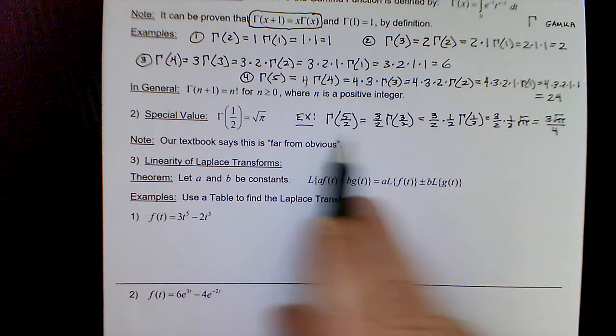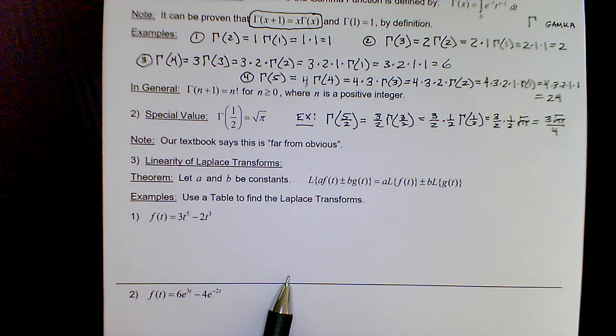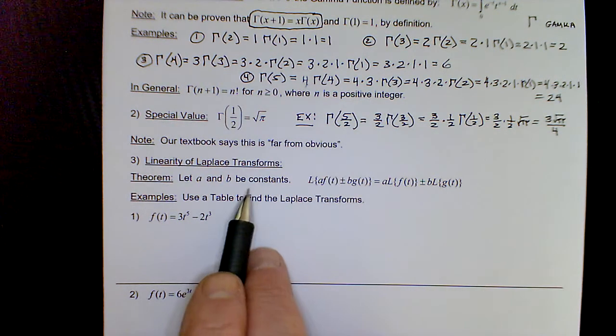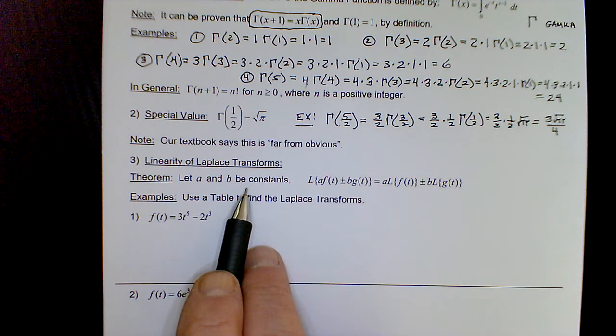Okay, so that is certainly something that we're going to be using as we'll see through these examples. And then we have a special property that you'd almost assume is true. It's what we call the linearity property of Laplace transforms.